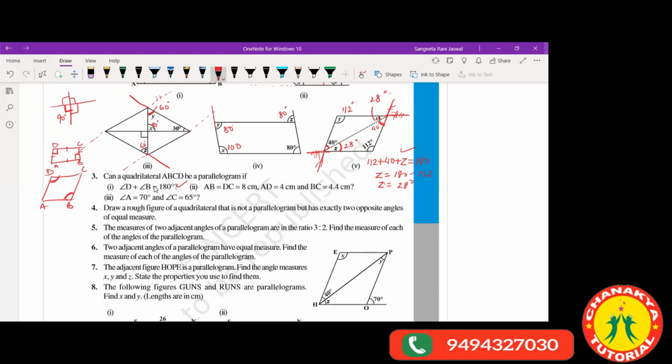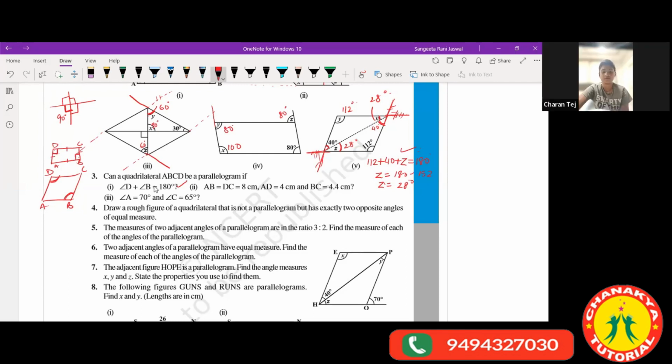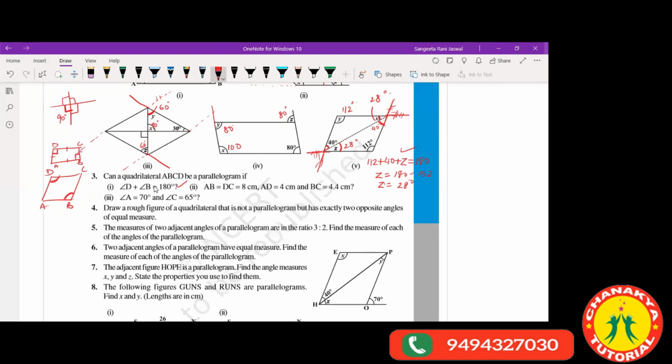It holds some of the properties of a parallelogram. So this can be possible, but not always. In the case of a rectangle, it's there, but not always. In this case, you cannot say that because here the angle is obtuse, and here also the angle is obtuse.